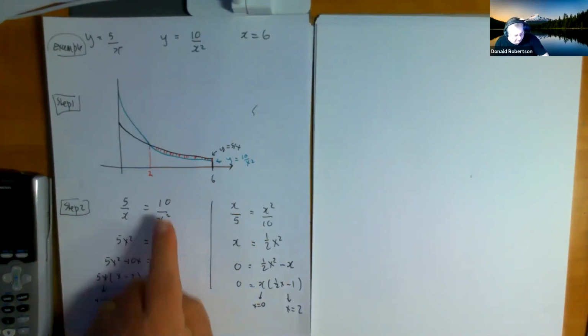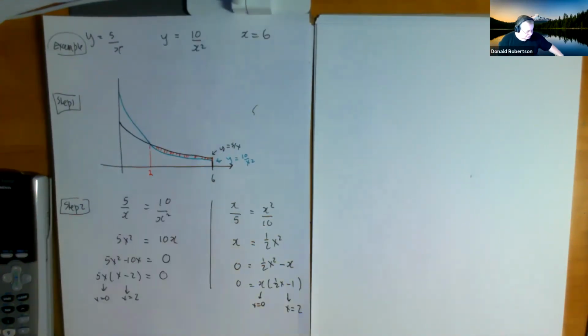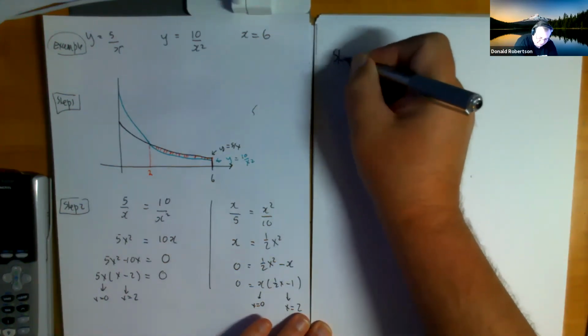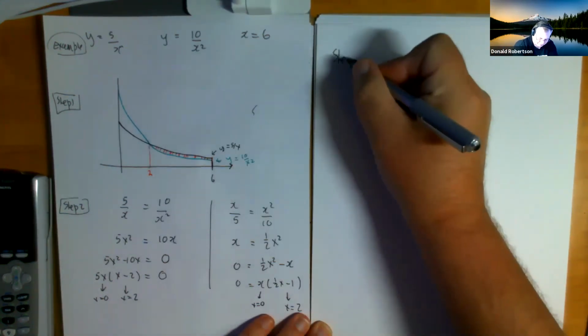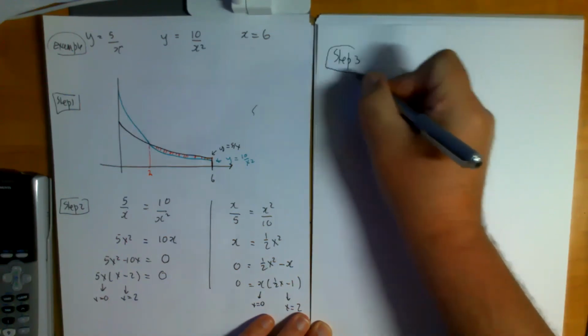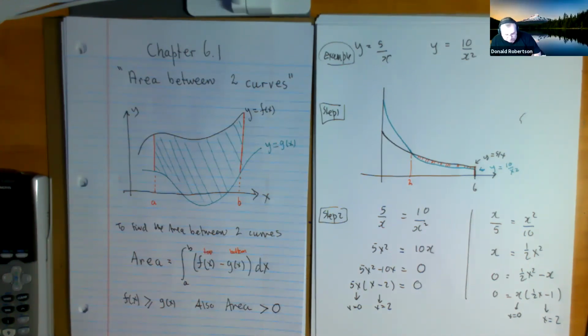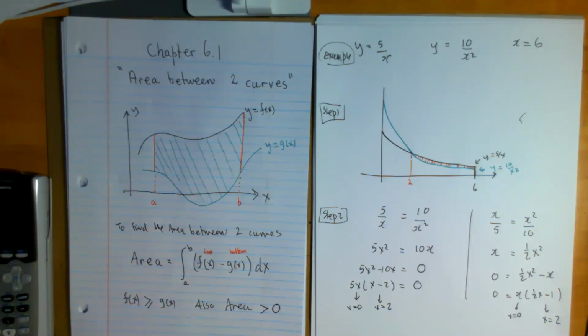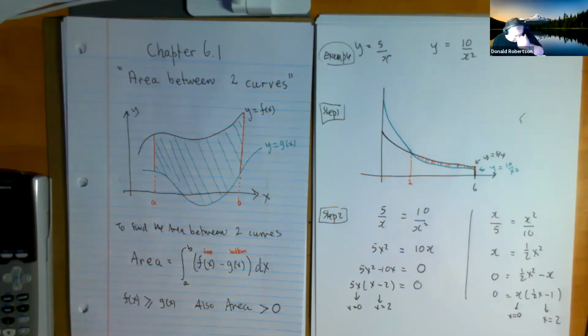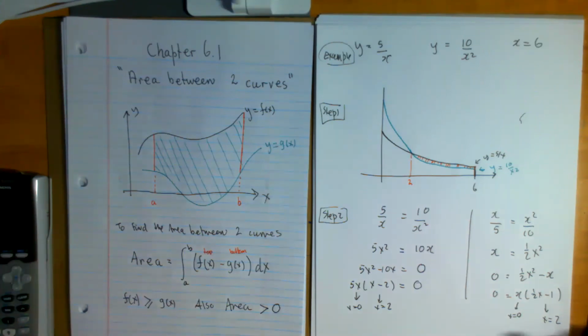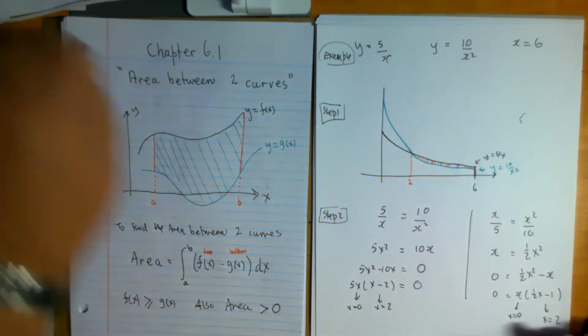Now, when you look at this picture, can you see that you're only interested in from 2 to 6? I have a question about that. Yes. So at least in the example where you use sine and cosine, we had a left and a right limit. This one, how do we know not to do anything to the left of 2? Why are we not getting the area in between? Oh, here? Yeah.